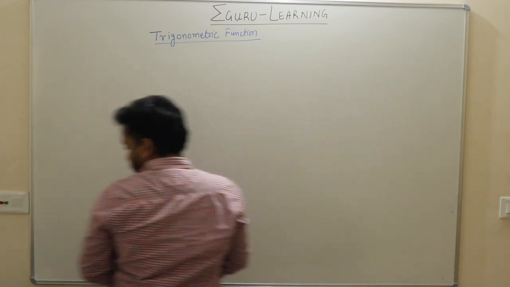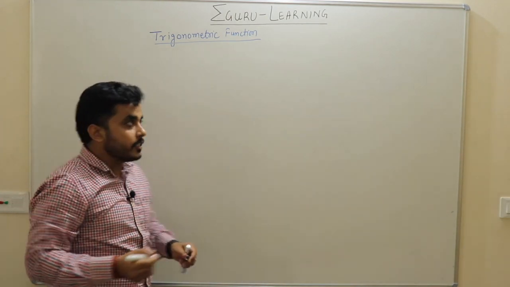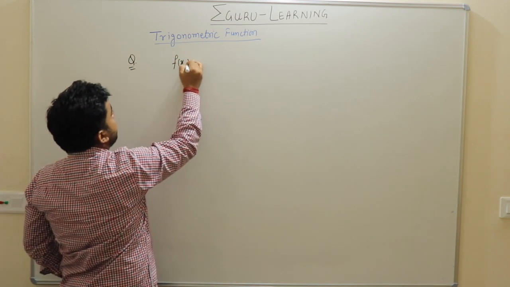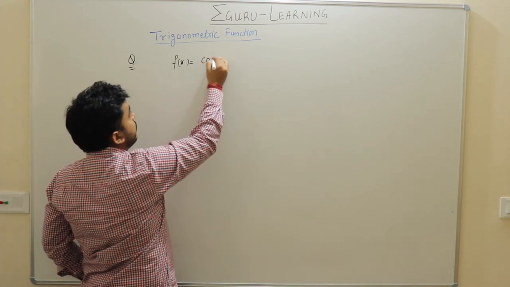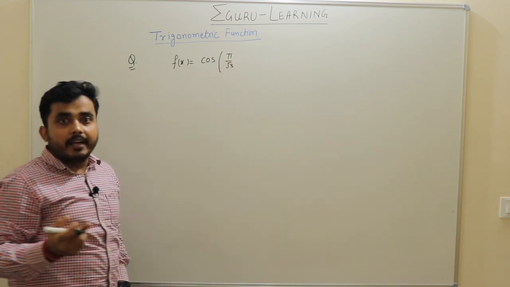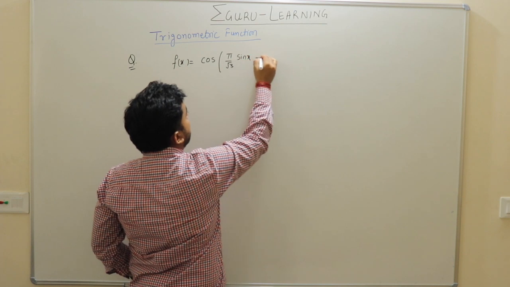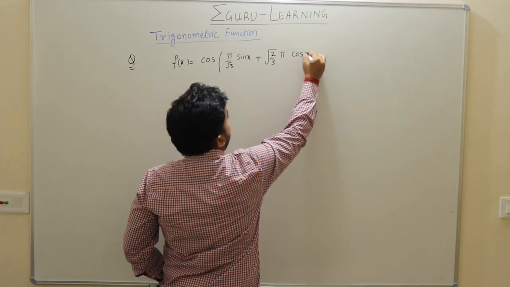So this is a very good question from the JEE Advanced point of view. Now the question is, we are given f(x) equals cos of (pi by root 3 sin x plus root under 2 by 3 pi cos x).